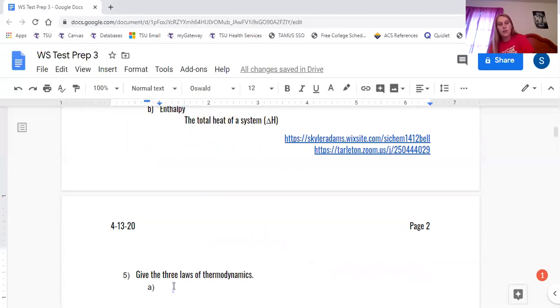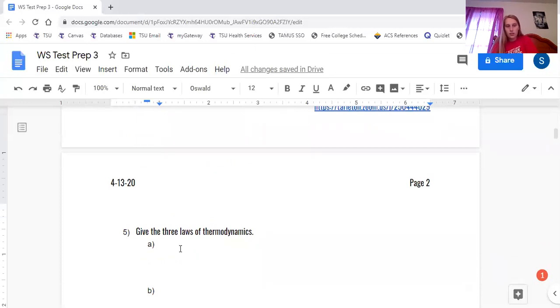What are the 3 laws of thermodynamics? So we're going to look at the first law here. I think I actually have this in here.